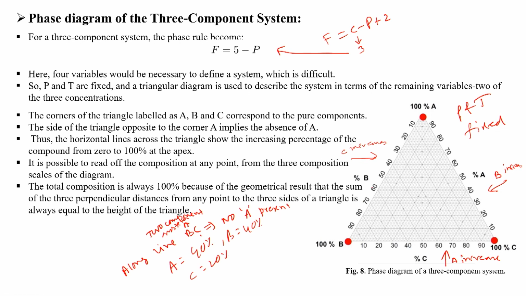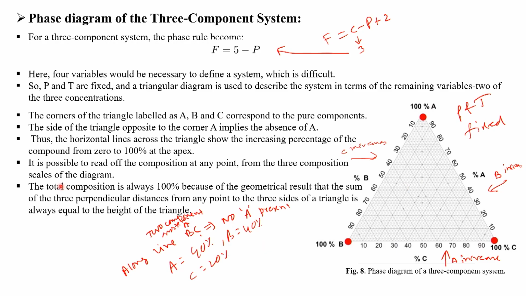If you follow the directions in which A, B and C increase, you get a point on this diagram which represents that mixture of 40%, 40% and 20%.